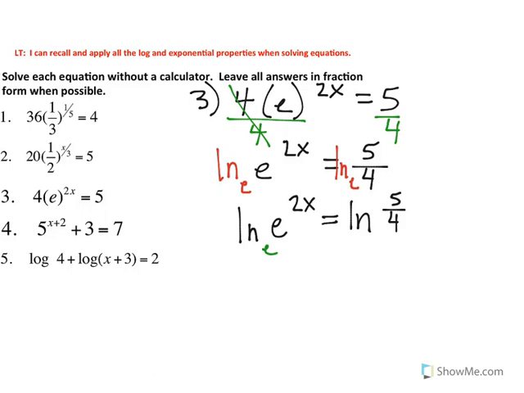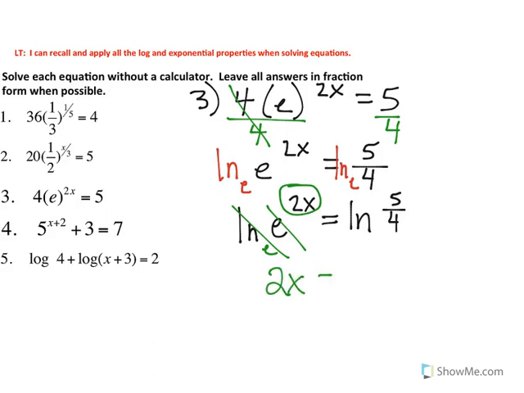I'm taking the natural log base e of an exponential with a base e. When you are taking the natural log of an exponential of that same base, we can drop that information and just keep the power, or what is left. That is one of our properties that we discussed in a previous lesson.